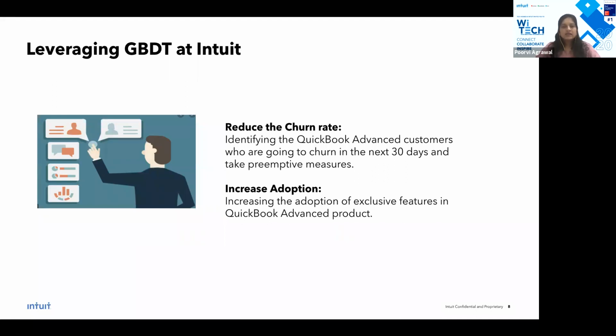We are calculating the propensity, the probability of them using a particular feature, based on the customer's product usage. Based on that, we can generate the prediction. And this is what we are currently using at Intuit.